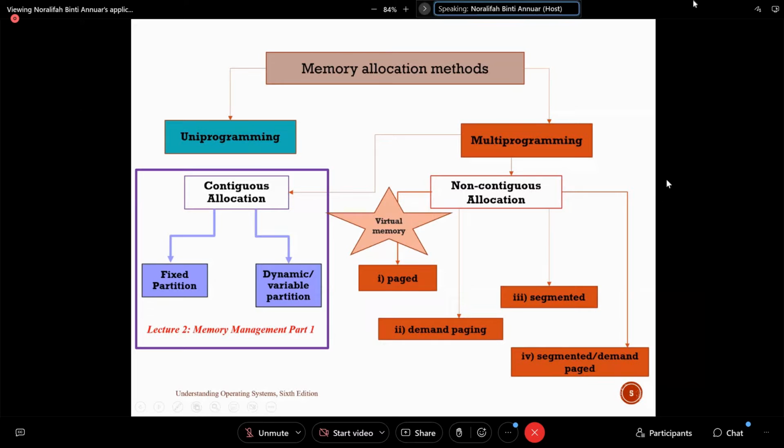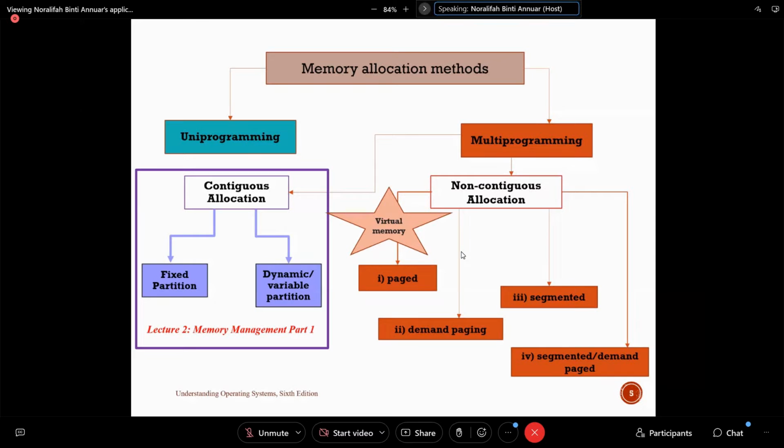But now we are multi-programming, meaning multiple jobs. There are many jobs in the queue that need to be processed. Who is going to process them? The CPU. They need CPU time. Remember, the CPU can only process one job at one time, but because it's very fast, it seems to us that the CPU is processing many jobs at once. Actually it's only one job at a time, but it's very fast when doing context switching, so the user cannot see it.